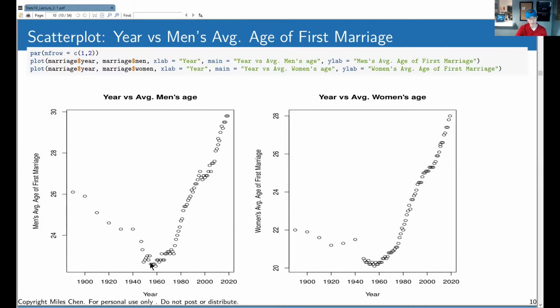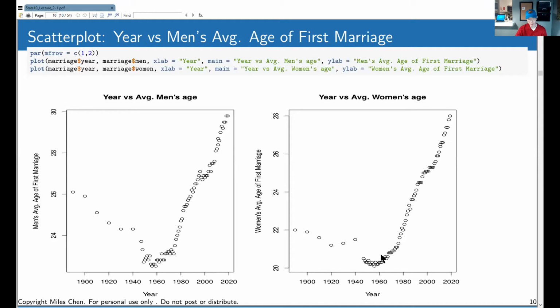Okay, so in 1960, this seems to be around the lowest, around 22 years, and then fairly consistently every year after that, it's gone up and up and up until around present day, where the average age of first marriage is closer to 30. Okay.